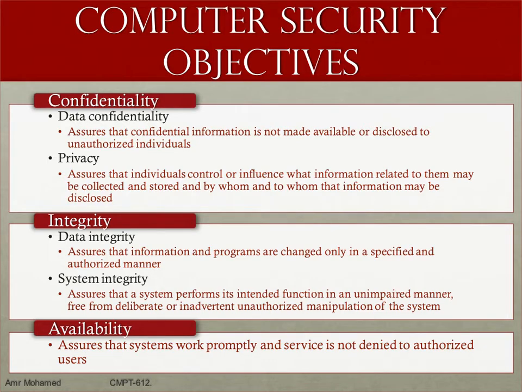Anything that modifies data or a system such that it affects the function of that application or that system, that's what we refer to as integrity or lack of integrity. So this means that this data has no integrity, or this system has no integrity.